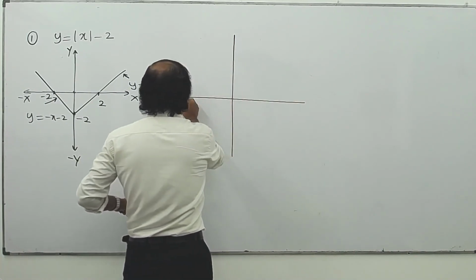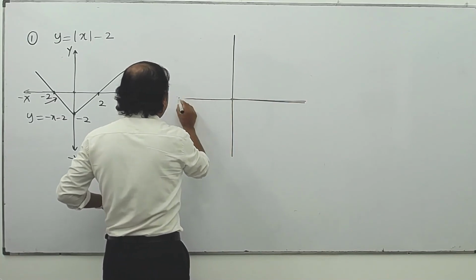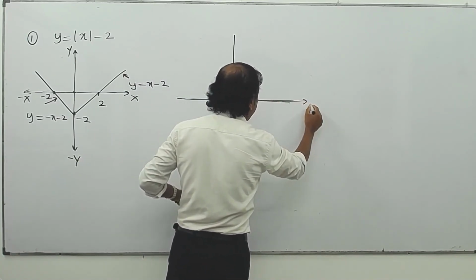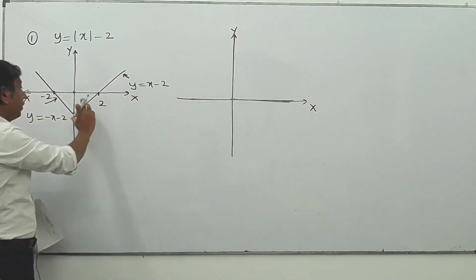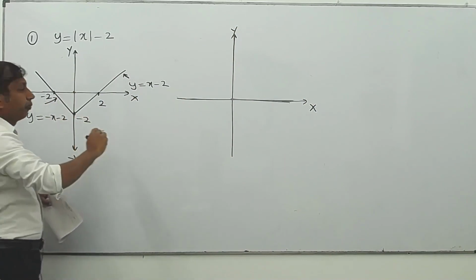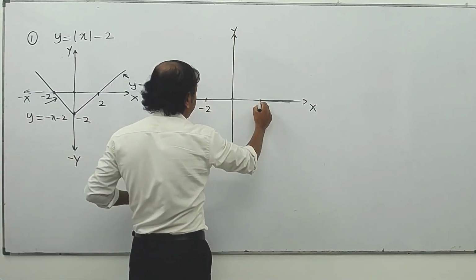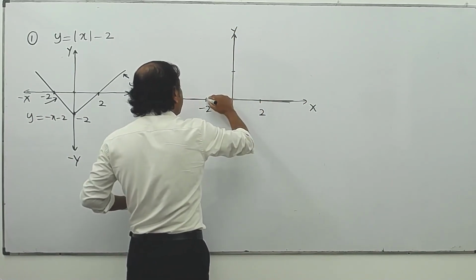This is the x-axis, this is the y-axis. The mirror image of this goes up, no? Then we get here minus 2, plus 2. This is now 2.